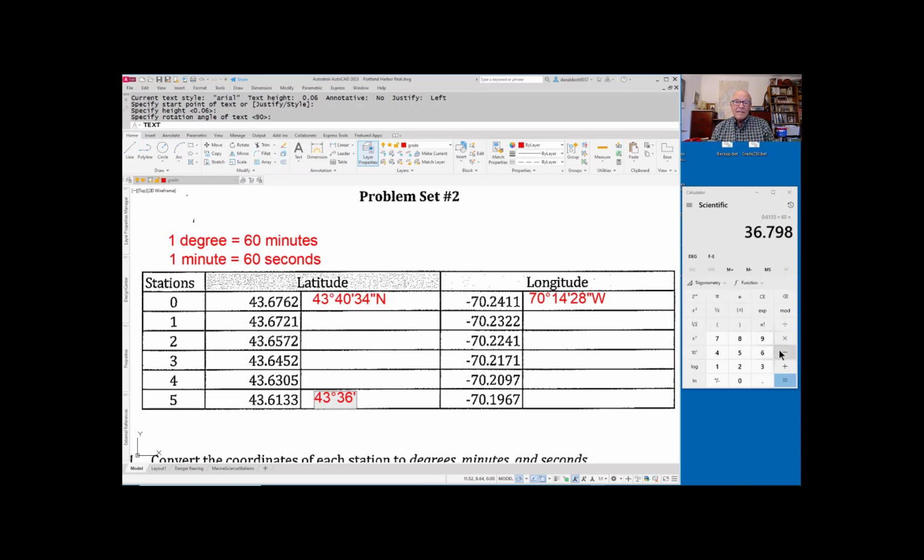So we subtract the 36 over here, equals that value, times 60 seconds per minute, and it comes out pretty close.